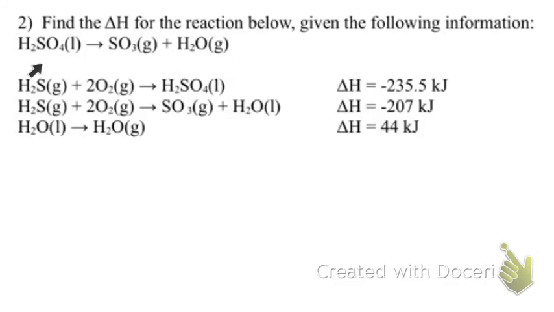So we want H2SO4 on the reactant side, and we want SO3 and H2O on the product side. Unfortunately, in this first reaction, H2SO4 is on the product side. So what we have to do is flip this entire reaction and rewrite it down here.